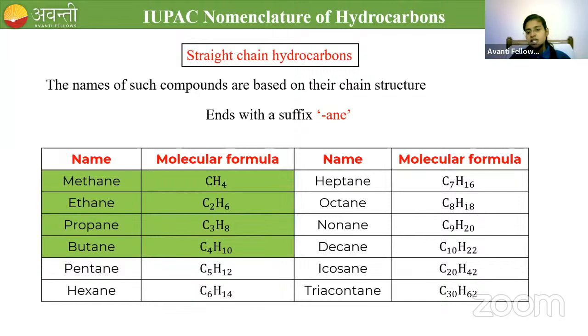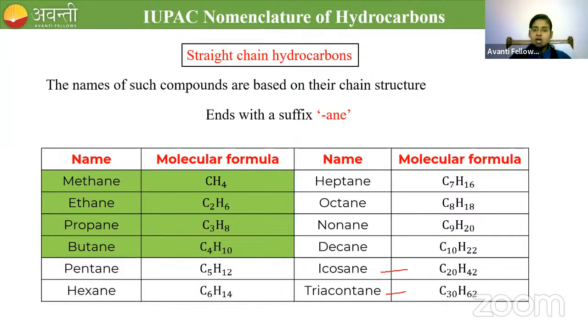If I have 30, it is called triacontane. 10 will be used in some cases, but 20 and 30 will not be used much. But you should know the names for 20 carbon and 30 carbon systems also, because it is given in the book. Clear for all of you?